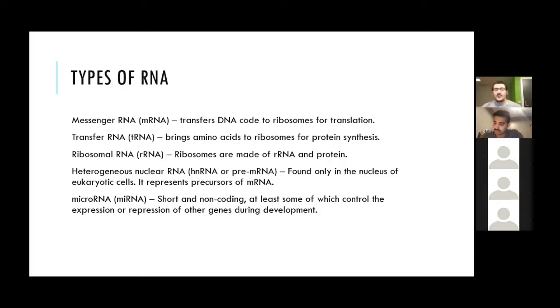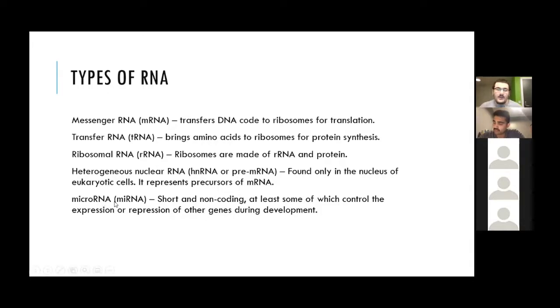Heterogeneous nuclear RNA, or more simply pre-mRNA, is the fresh mRNA. When it gets transcribed unedited, that's the mRNA that is called pre-mRNA, because of course you have to have some post-transcriptional modifications on the pre-mRNA, which we're going to talk about later.